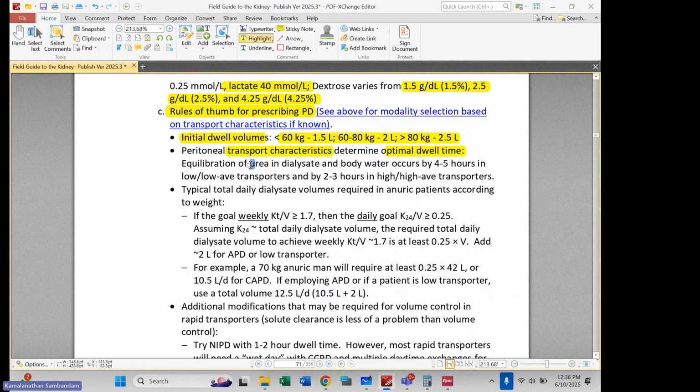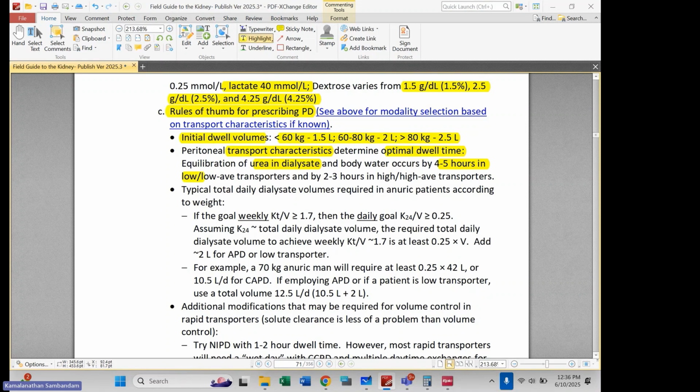You can see that the urea concentration in the dialysate achieves the same blood urea nitrogen concentration that is in the blood at 4 to 5 hours in patients with low transport characteristics.